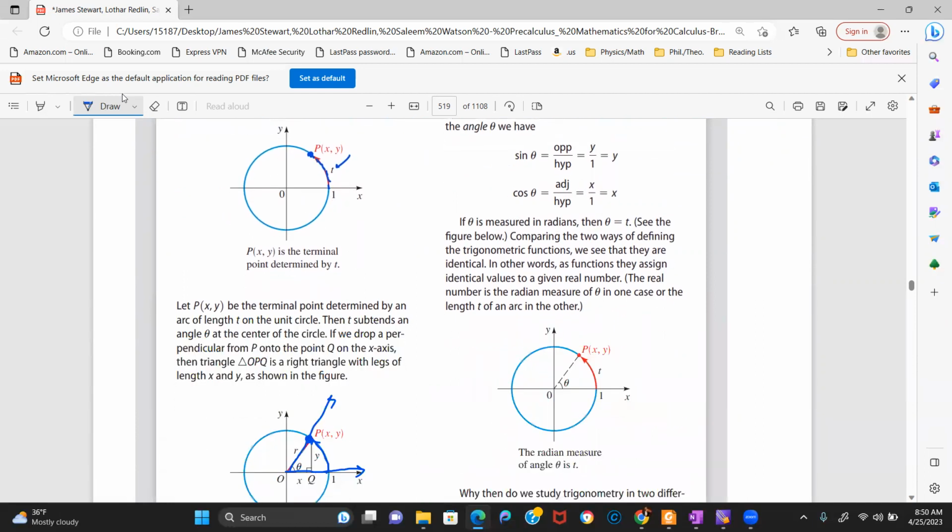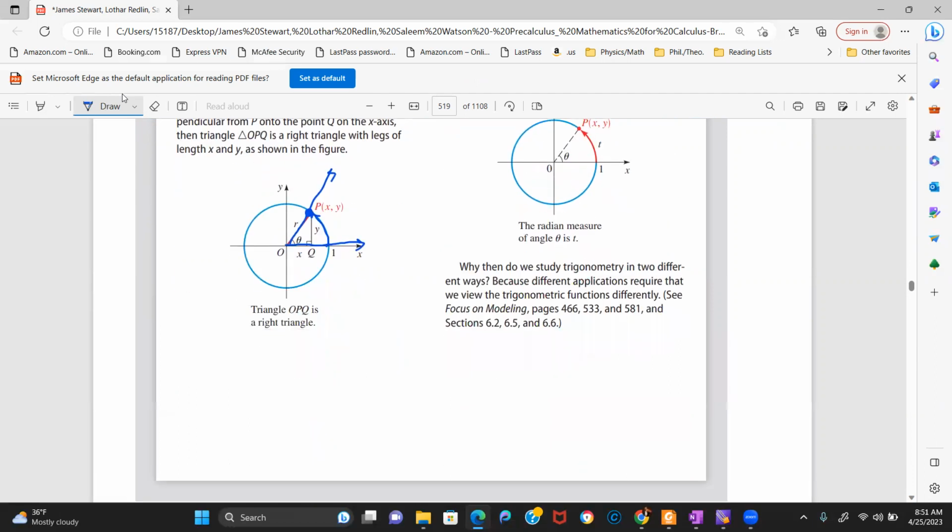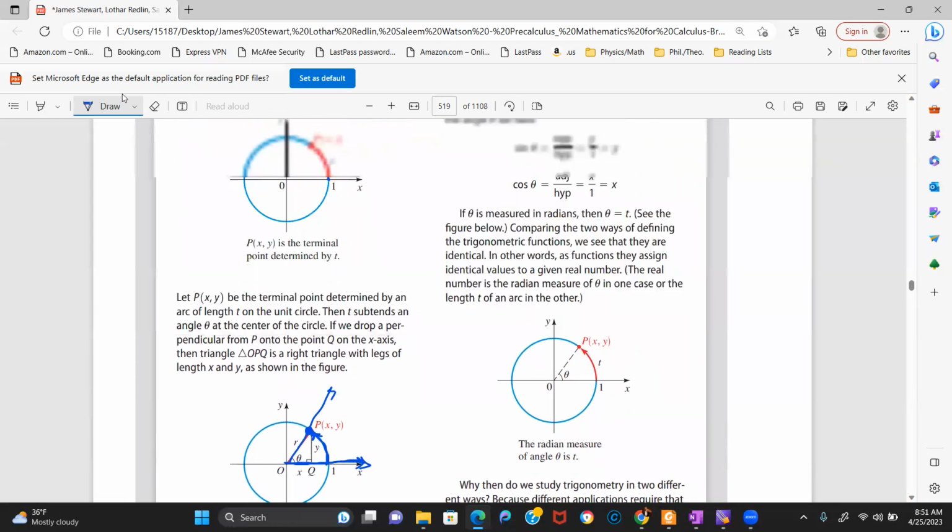But this same point, there are two ways to get to it. You travel along the unit circle some distance t, or you can think of this point as the result of taking the x-axis and rotating it some angle theta.